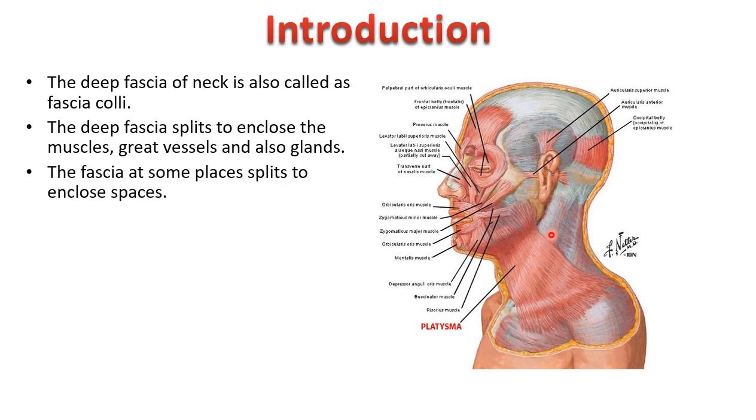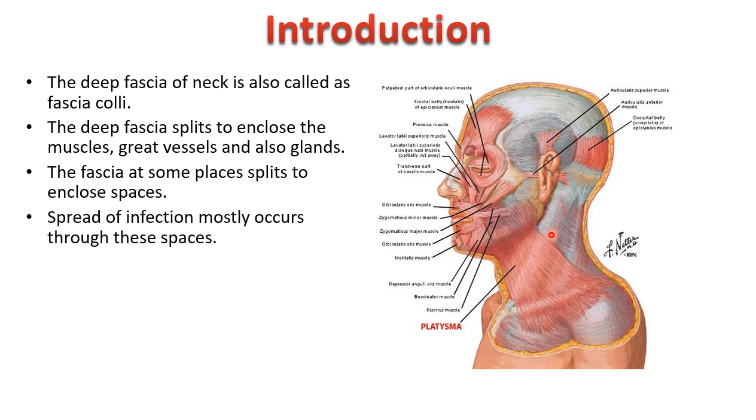These fascia also, at certain places, split to enclose certain spaces. So fascial spaces are the spaces in between these fascia, because the fascia runs in different planes. In between them you have some spaces which we can call the interfascial spaces.